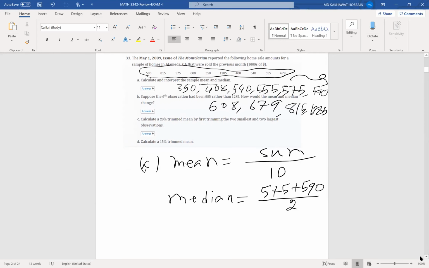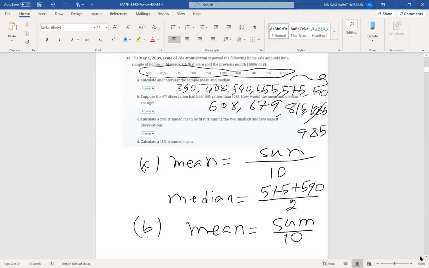And part B is, suppose the sixth observation had been 985 rather than 1285. That means instead of this number, we have 985 here. How would the mean and median change? Now we have to calculate the mean in part B. The mean will be the sum divided by 10.